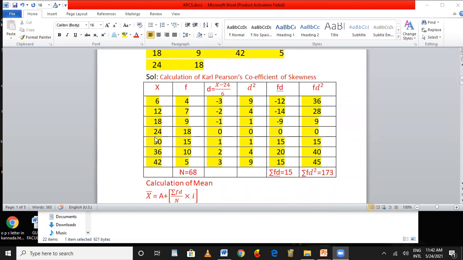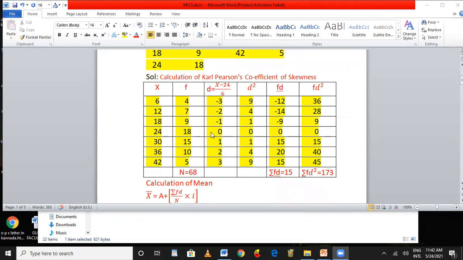Then 24 minus 24, it is equal to 0. 30 minus 24, it is 6. 6 divided by 6, 1. 36 minus 24, it is 12. 12 divided by 6, it is equal to 2. 42 minus 24, 18. It comes to 18 divided by 6, it is equal to 3.